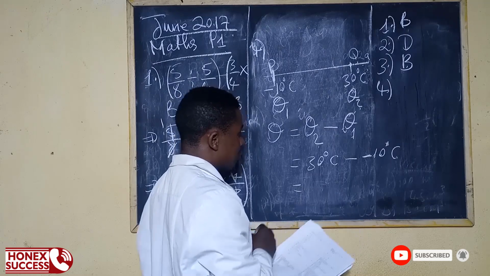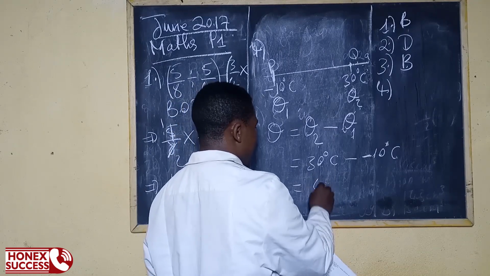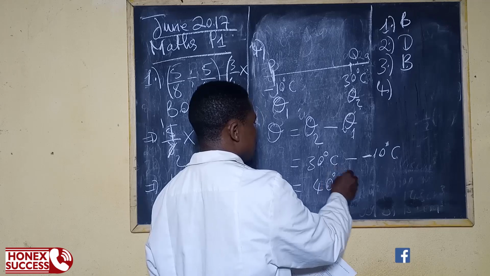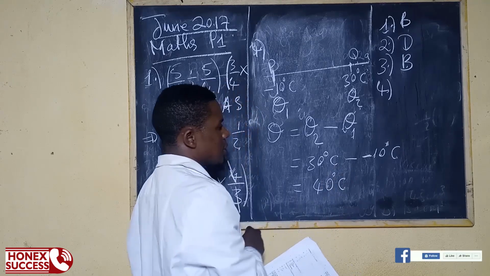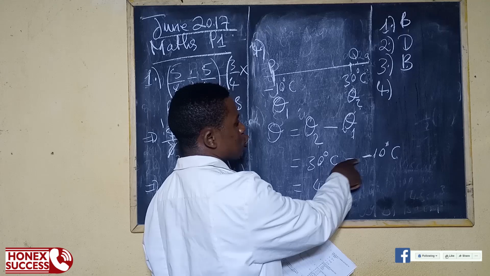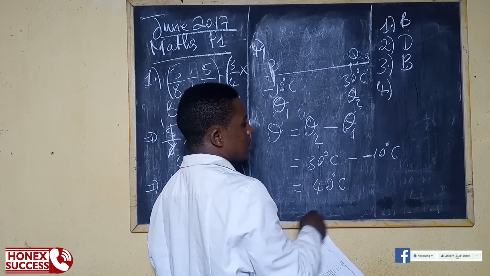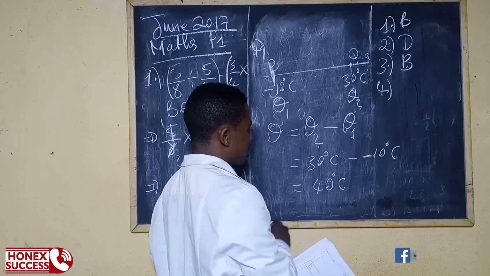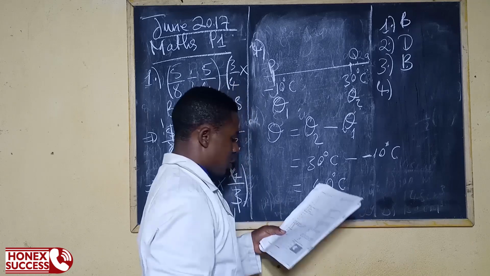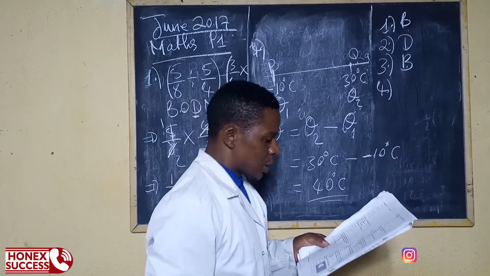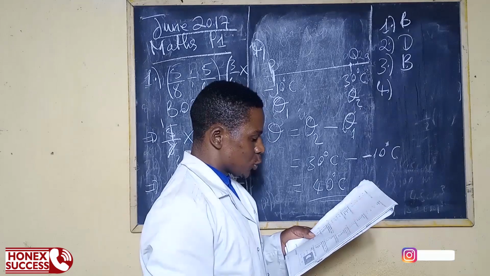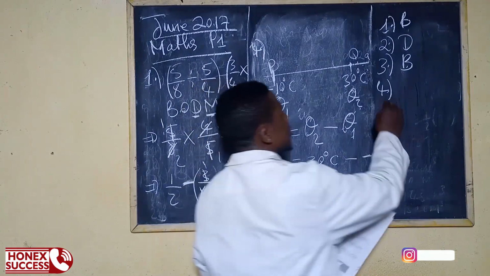Why is it 40? Because when we have two minus signs, they turn to positive, so that's the value. And if you look at the options that are given, you will see that A is the right answer. We'll go to the answer sheet and write the value A. Okay, we go to question 5.